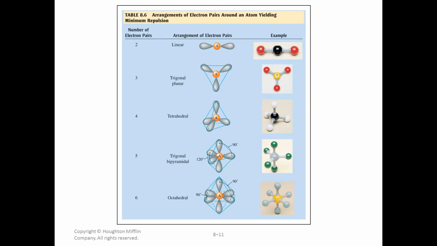With 6 groups of electrons around a central atom, we can minimize repulsions with an octahedral geometry where we have 90-degree bond angles between all electron pairs.